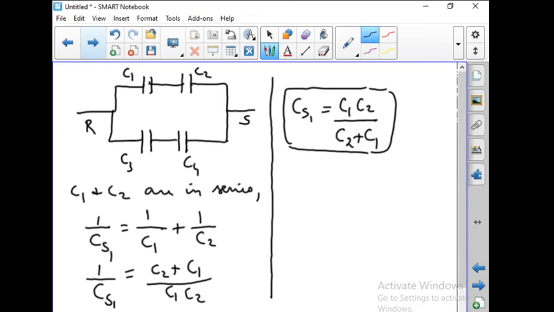So these two capacitors are replaced by the single capacitor.